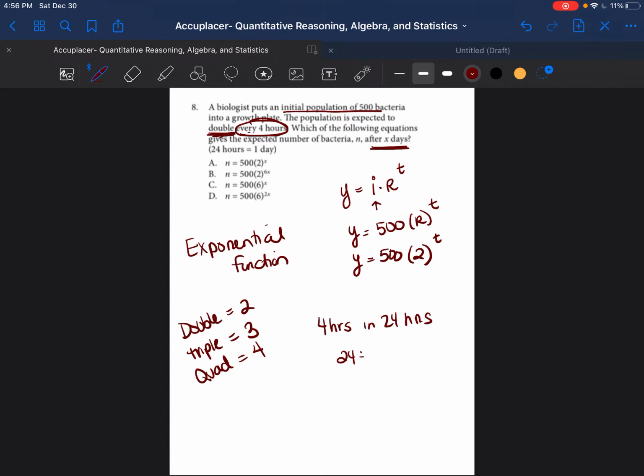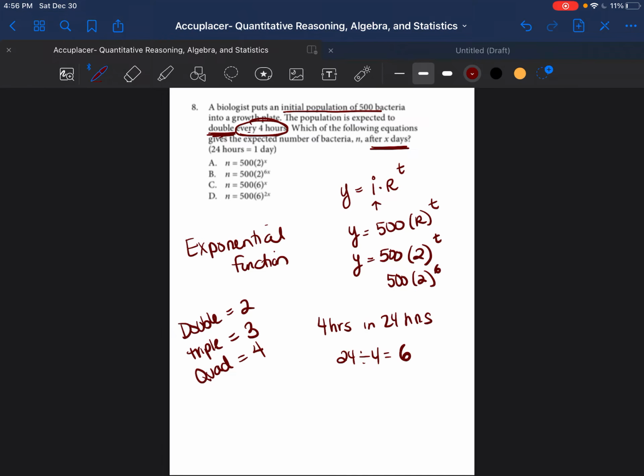So I would do 24 divided by 4 equals 6. So there are 6 periods of 4 hours in every day. So instead of just putting 4 for the time, we're going to put 6, 500 times 2.